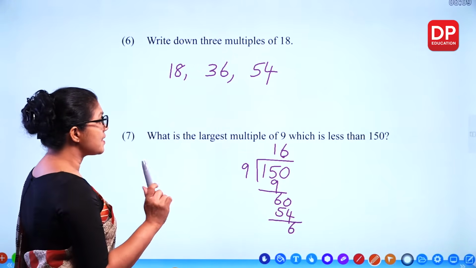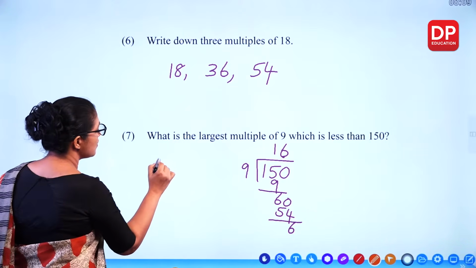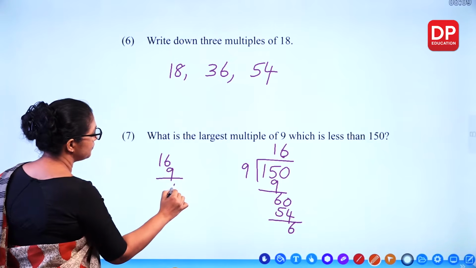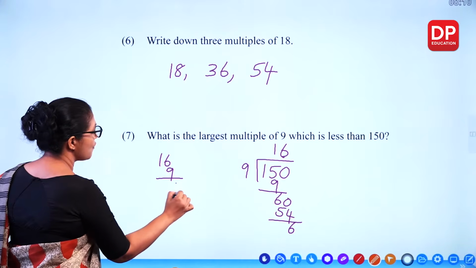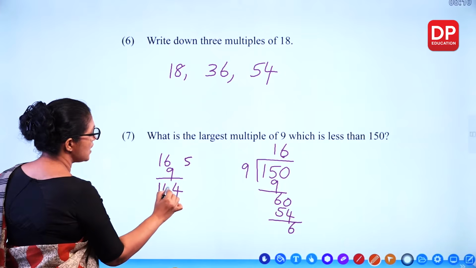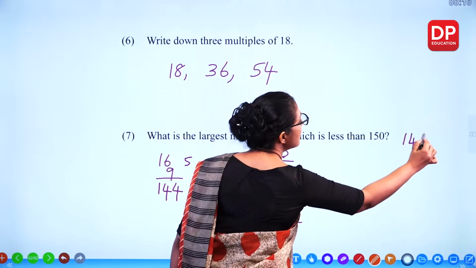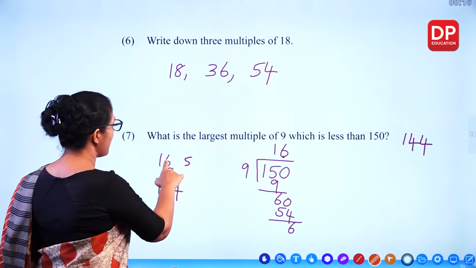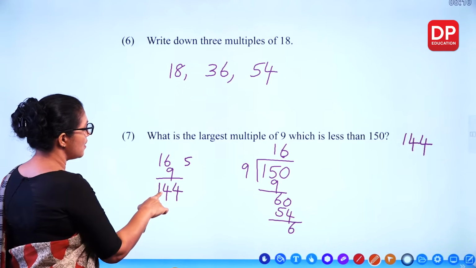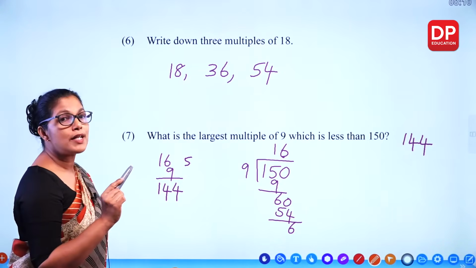So, 9 times 16 is what? That's the largest number you can get. So, 16 times 9, you get 9 times 6, 54, 5 remaining. 9 times 1, 9 plus 5, 14. So, 144 is the largest possible value. Now, 9 times 6, 54. 9 times 1, 9 plus 5, 14. So, 144 is the largest multiple of 9.